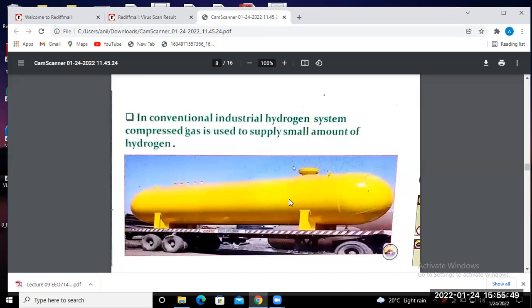So we cannot transfer hydrogen in compressed gas form easily.